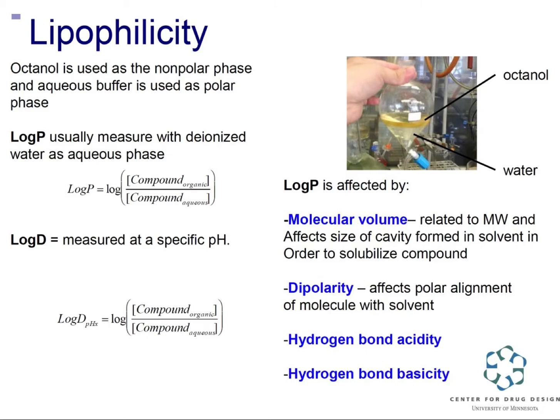Okay, so lipophilicity. The very traditional way to do this, as we talked about before, is partition between octanol, which is somewhat polar because it has that OH group, but you use it to mimic a lipid.